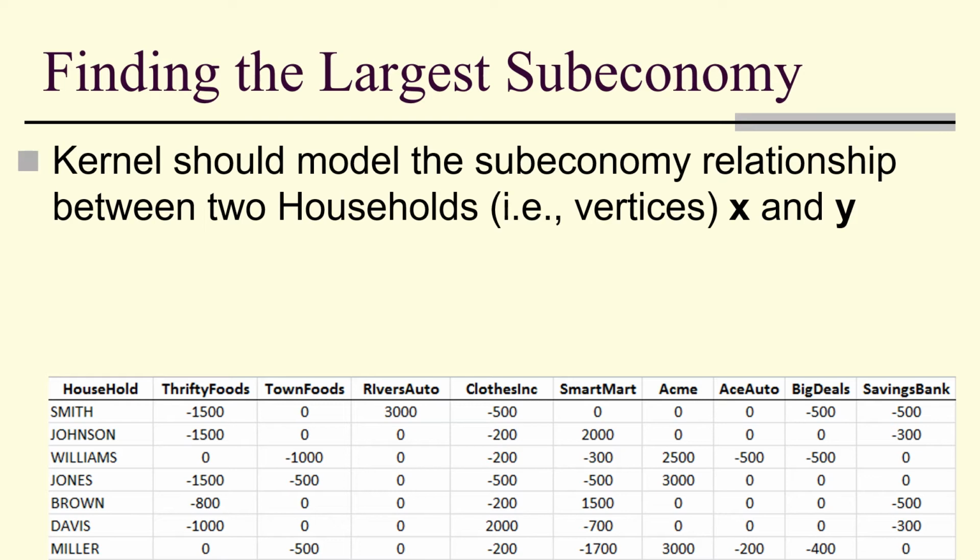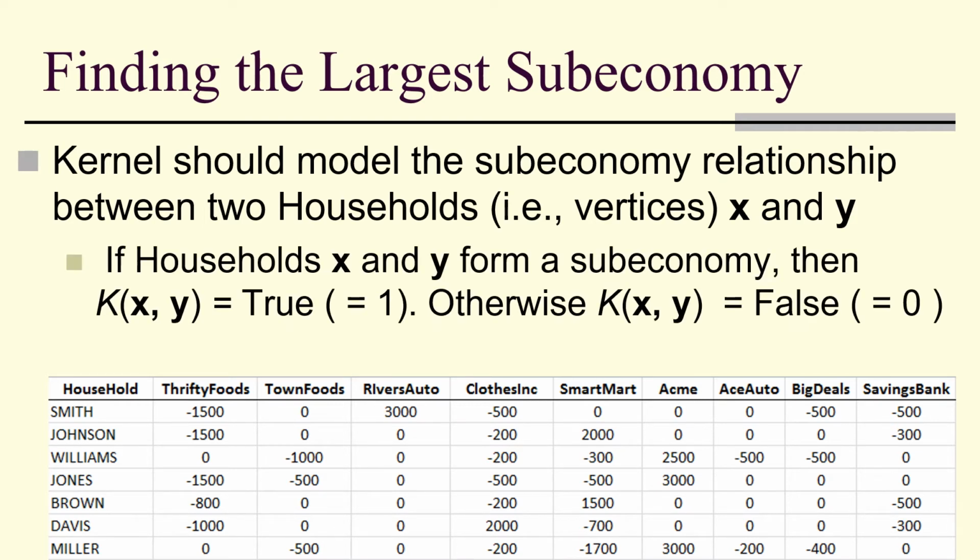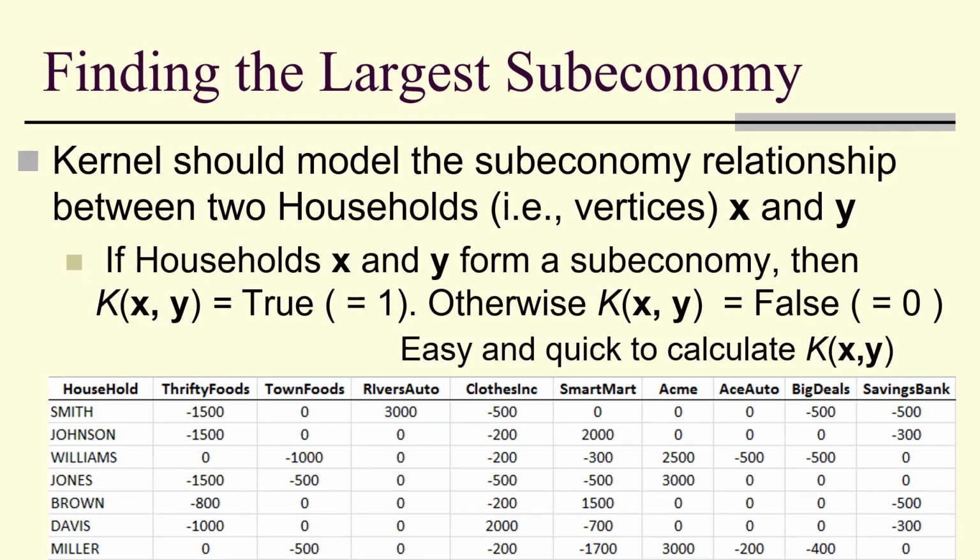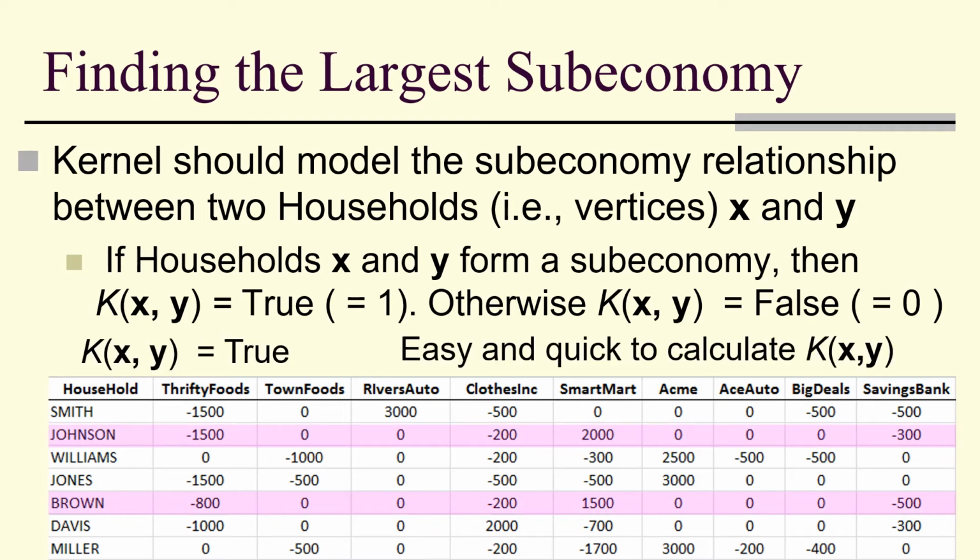Now, a kernel should model the subeconomy relationship between two households. So if households X and Y form a subeconomy, then KXY is true, otherwise KXY is false. It's very easy and quick to calculate KXY. Take Johnson and Brown.